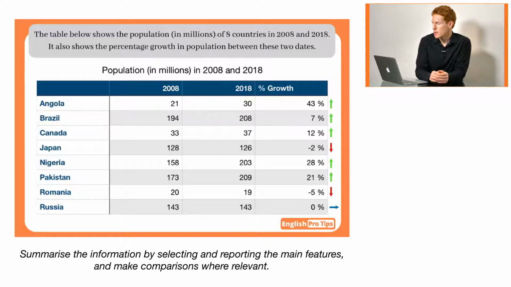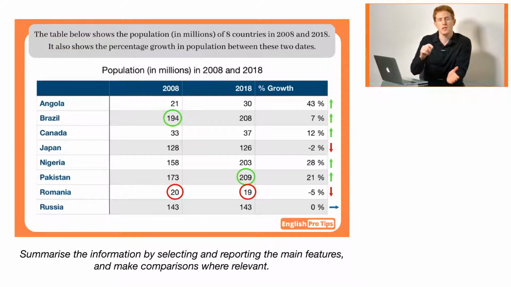So what you would want to do when you're analyzing the graphic is to look for extremes. So the largest growth or the smallest population. So if we look at 2008, we can see that the largest population was Brazil and the smallest population was Romania. If we look at 2018, the largest population had changed to Pakistan, but the smallest population was still Romania.